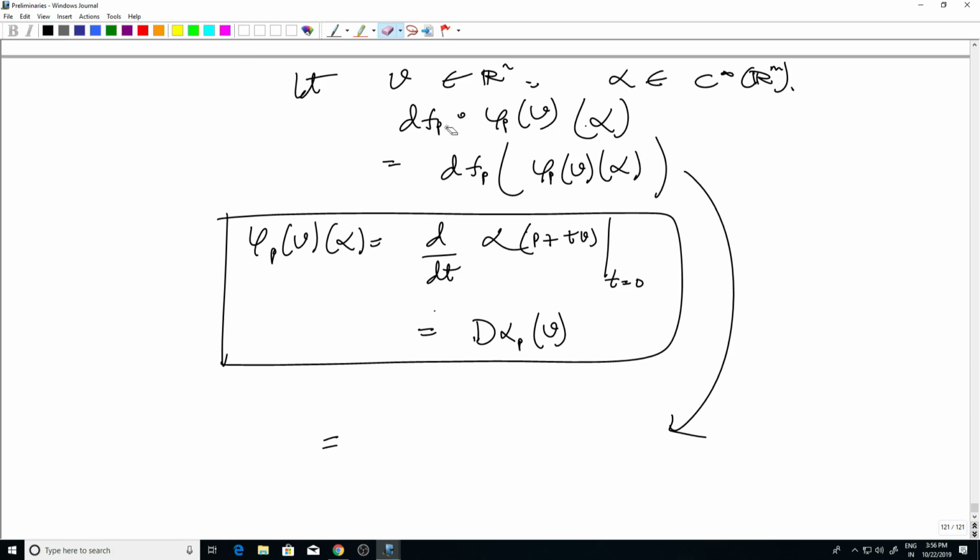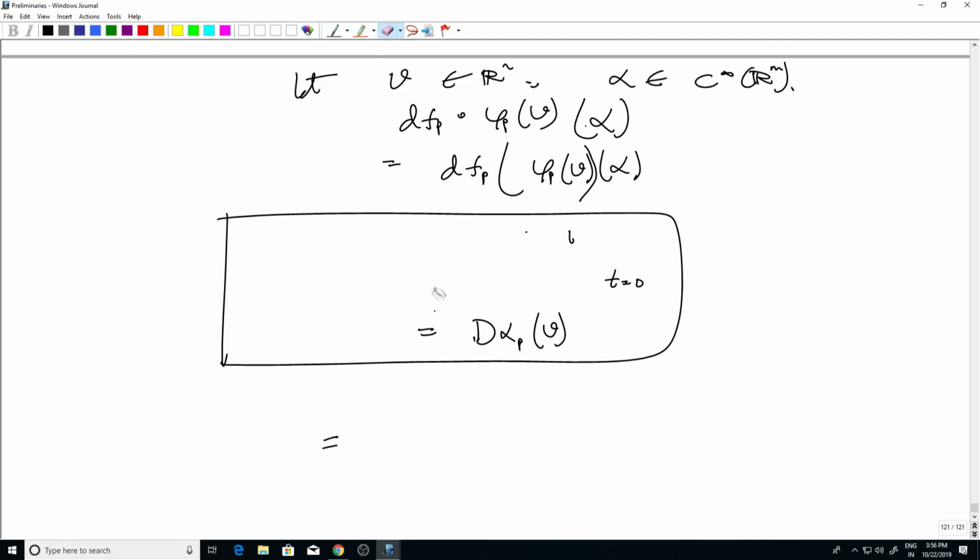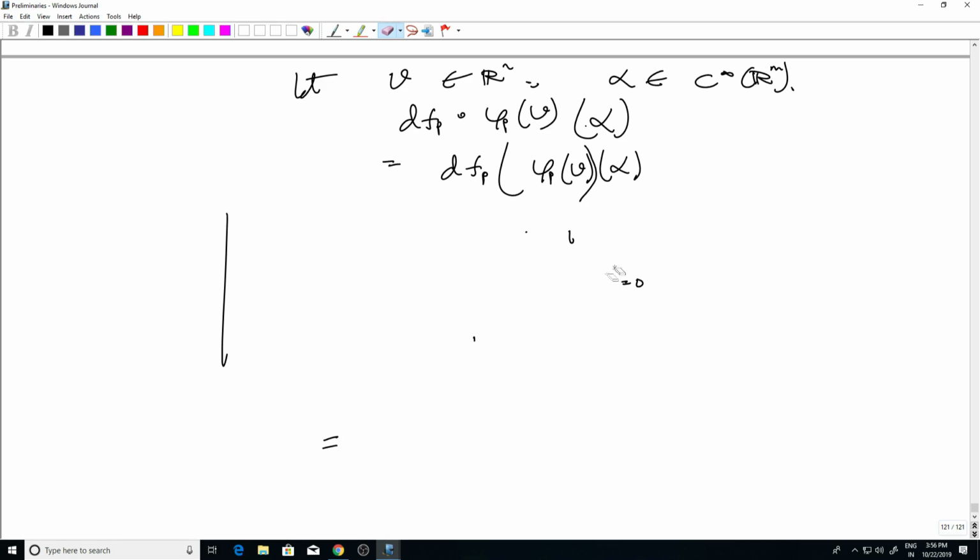It's not quite this D, the bracket should not come here. Right, the bracket should come here. Let me erase that. I don't need it at this stage.